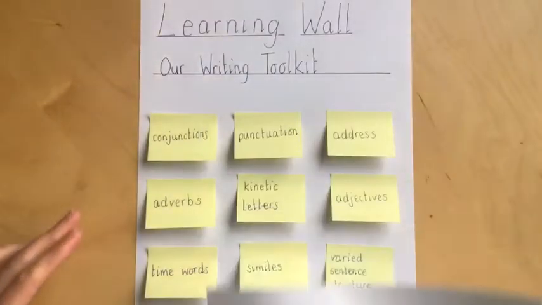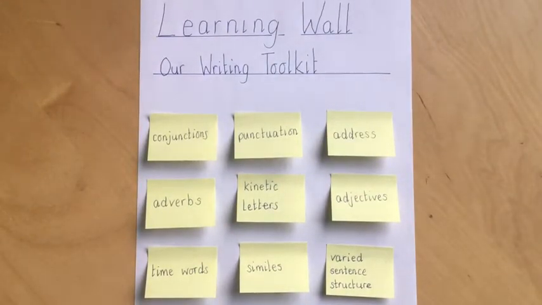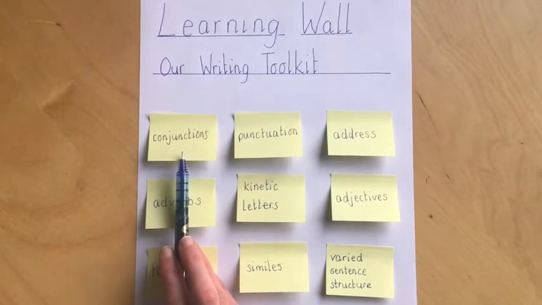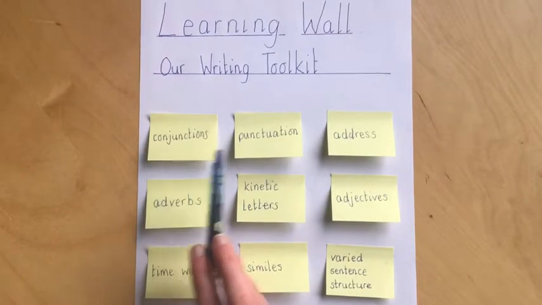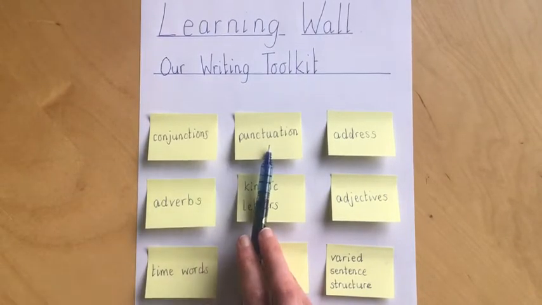So here I've got some ideas that might help. These are things that you might find on the learning wall at school from our writing toolkit. So we've got conjunctions, words like and, so, but, or because. Punctuation, using capital letters at the beginning of the sentence and for names, and also using full stops, exclamation marks, question marks and commas correctly.